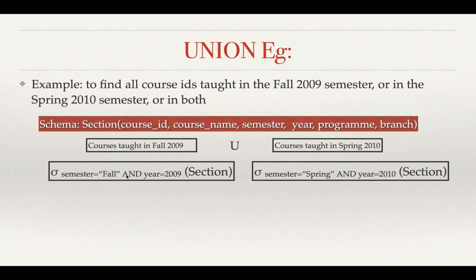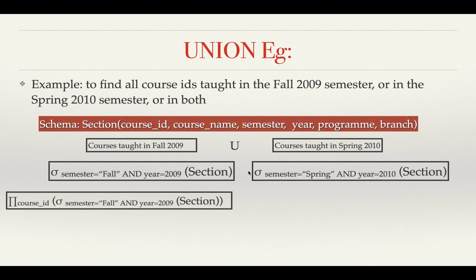Now we got the left hand side, you will get all the courses which were offered in 2009 fall, and in the right side you can see all the courses that were offered in 2010 spring. Next what we have to do is we need only the course ID. What attribute we need at last is only the course ID.